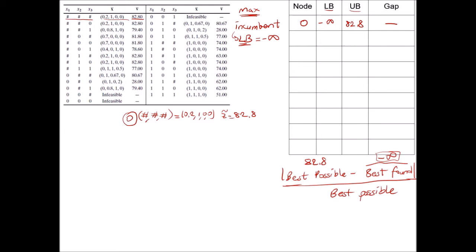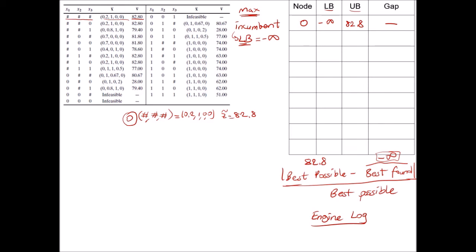When you look at the engine log, after running your model, if you open the engine log, you will see exactly this table. You will see the node, you will see the lower bound, which will be for a maximization problem, the incumbent value. You will see the upper bound and you will see the gap exactly in this way.